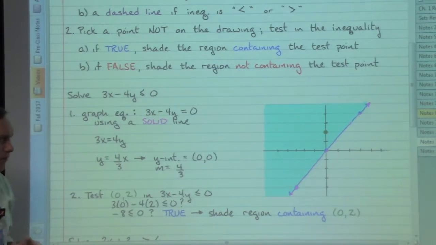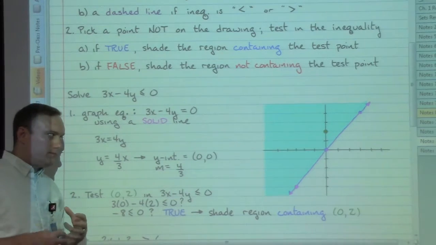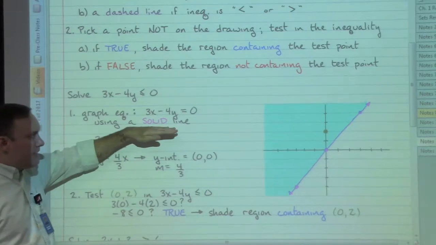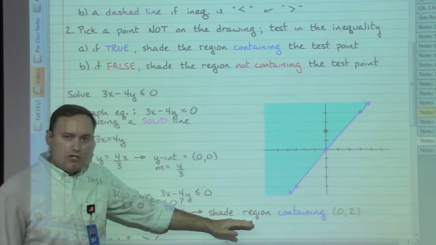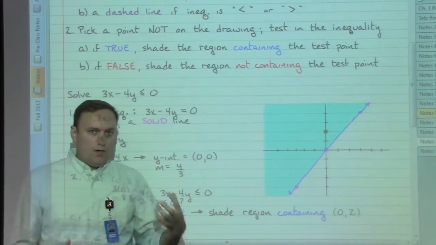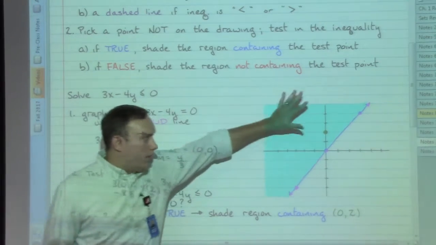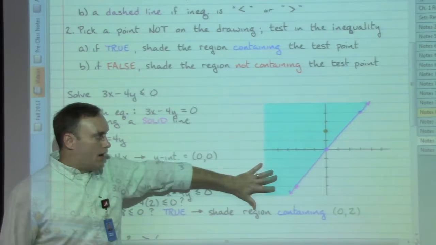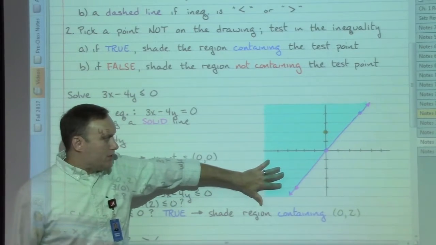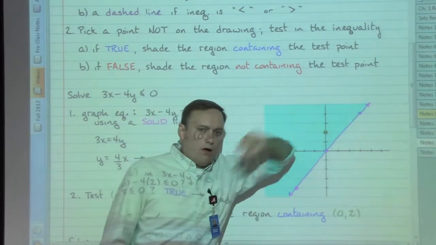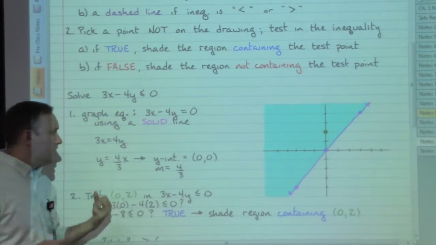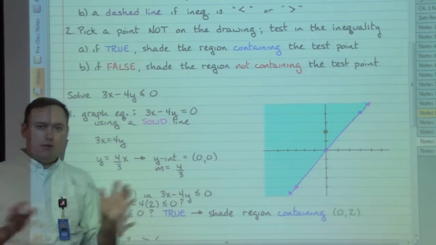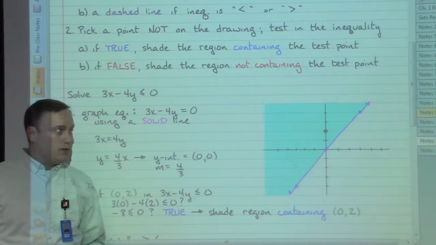So that means that in this picture, everything on the pink line and everything that has been shaded in is going to be considered a solution. All of those points shaded in our turquoise blue, and all the points on our pink line, could be plugged into our inequality and they would all yield true statements.